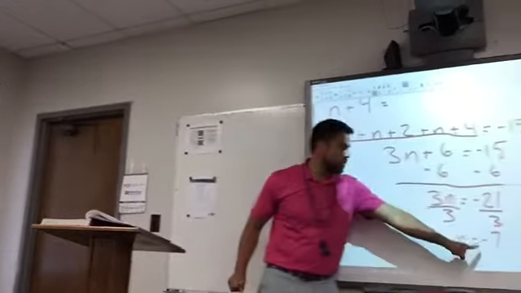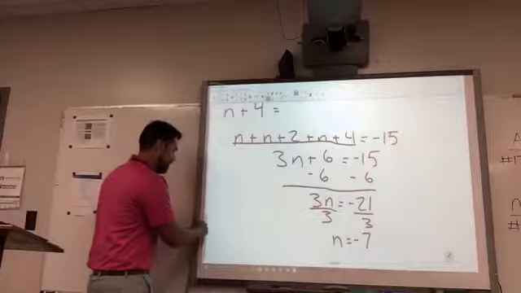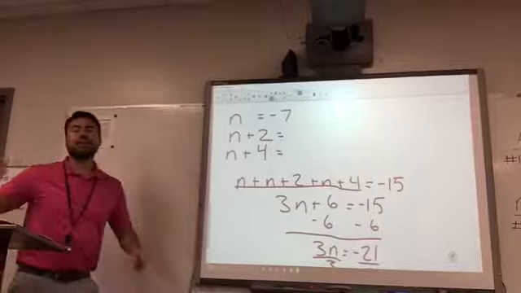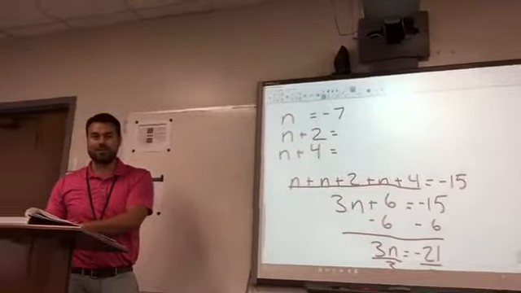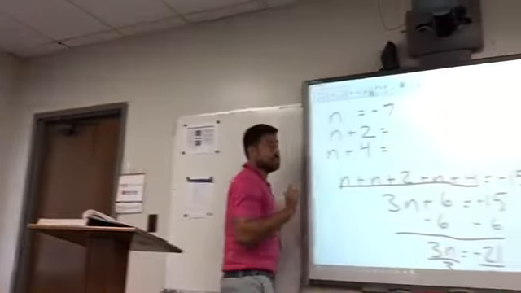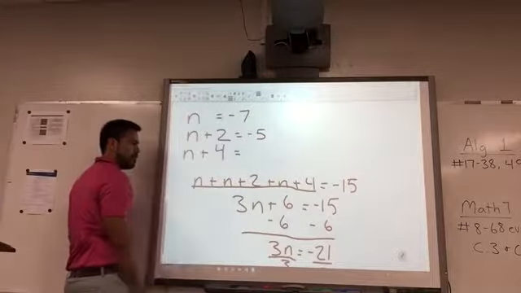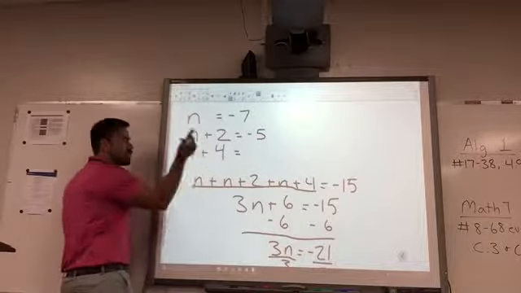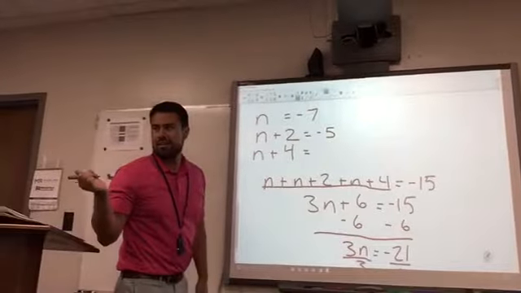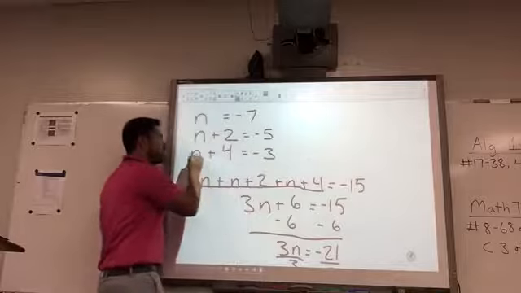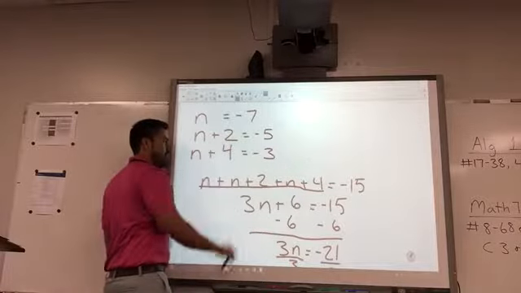I know the first one is negative 7. I got the first one, and now you have the other 2 if you do this carefully. What's the second one? Negative 5. How do you know that? Well, what's negative 7 plus 2? Negative 5. What's the third one then? Negative 3. Because what's negative 7 plus 4?